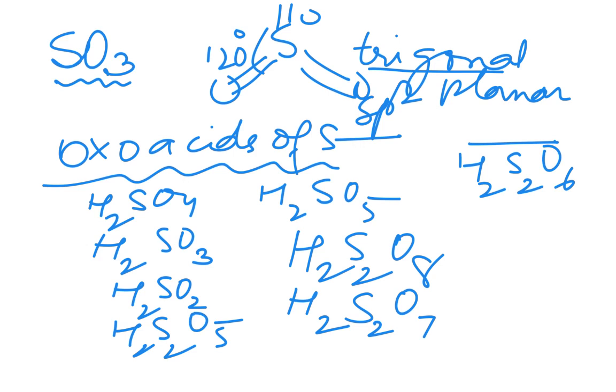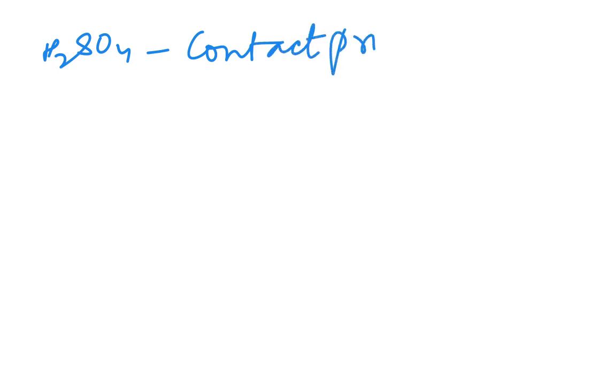Okay. Now the next topic is how to prepare H2SO4. The next compound that you are going to study is H2SO4, and the process of preparation is known as the contact process.